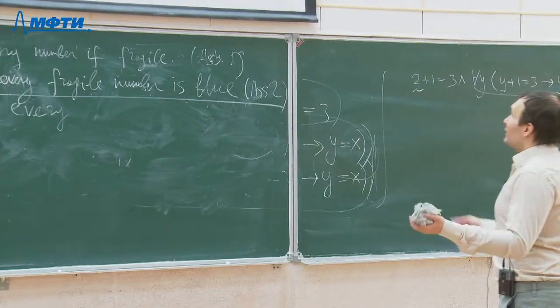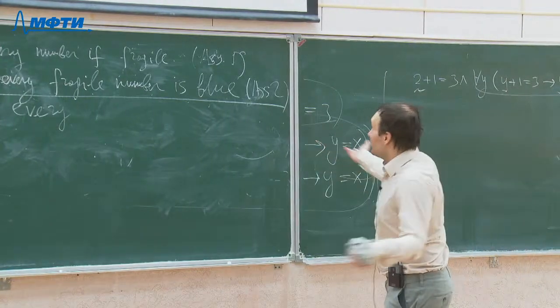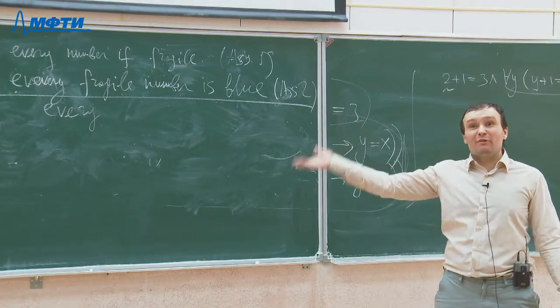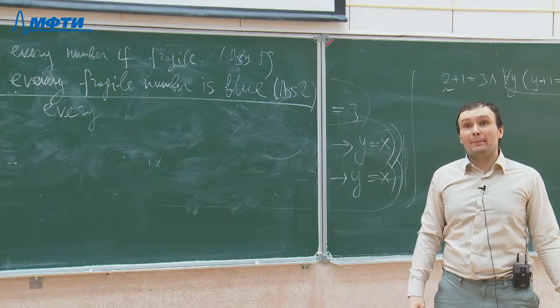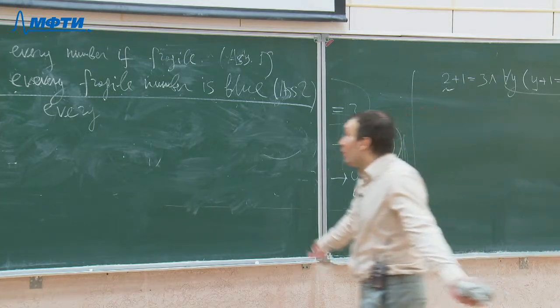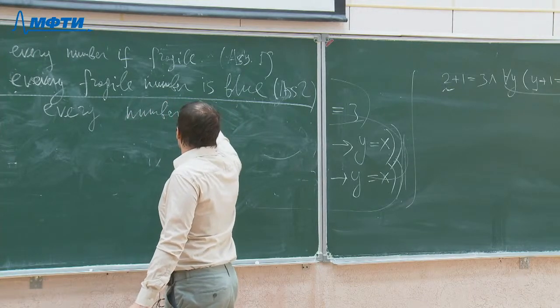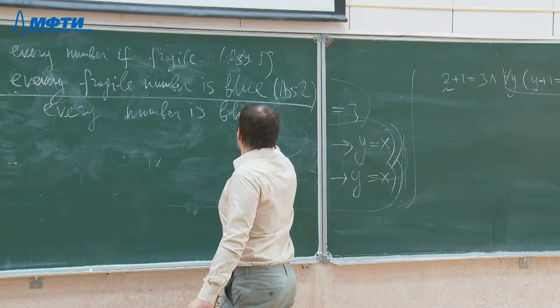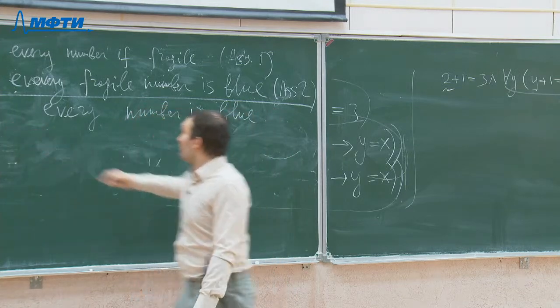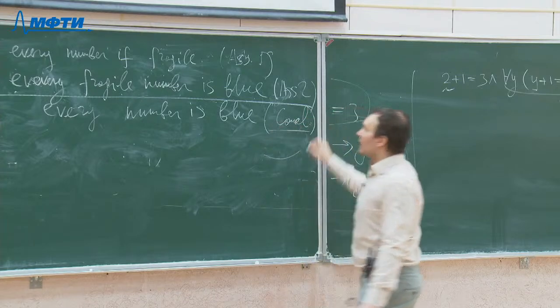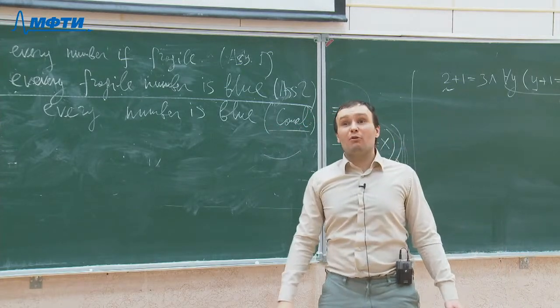So, every number is fragile. Assume it. Then assume that every fragile number is blue. What is the most obvious conclusion from this two? Of course. So, this is our conclusion. Is this conclusion well grounded or not?